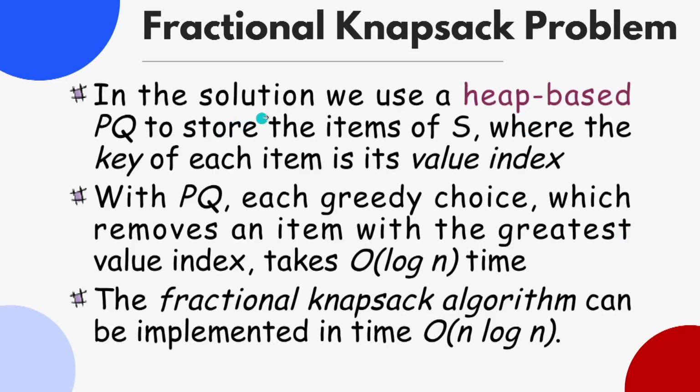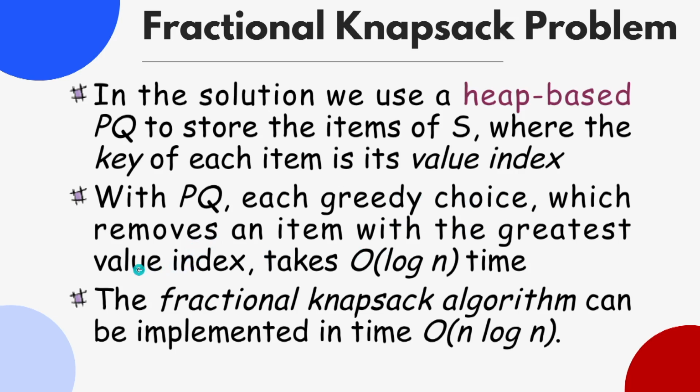As I said, for implementation sake, we will be using a heap based priority queue for storing all the items along with their value and weight. With the priority queue, we make a greedy choice every time, and we always remove the item from the heap based priority queue which has the greatest value index.